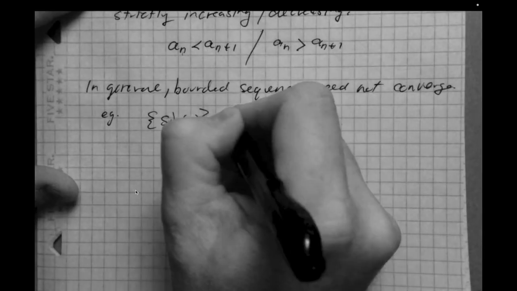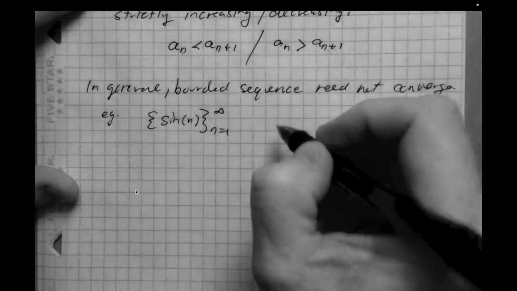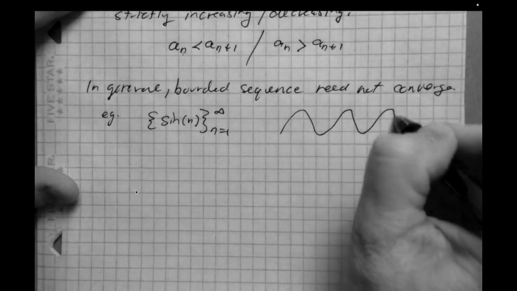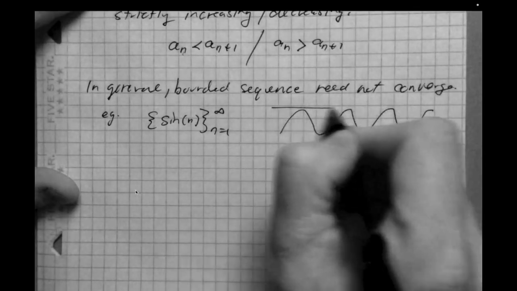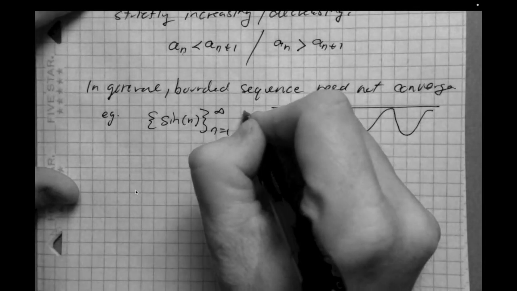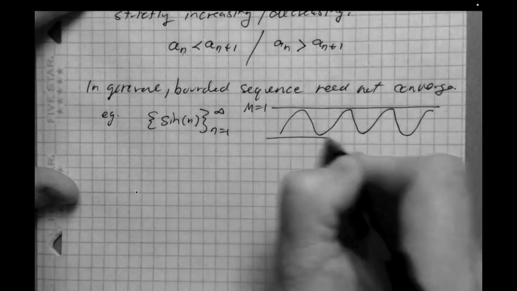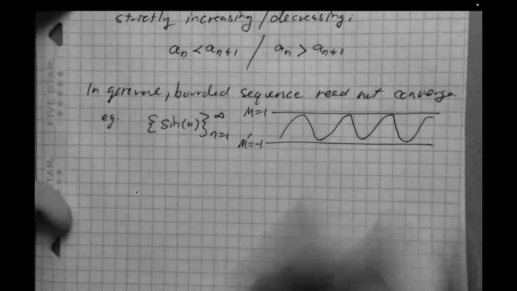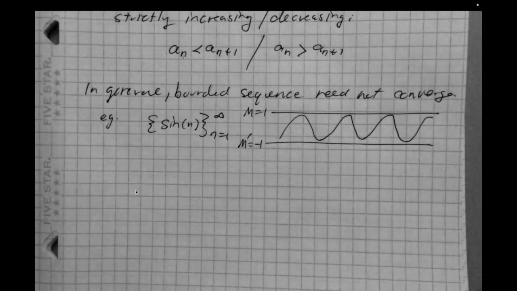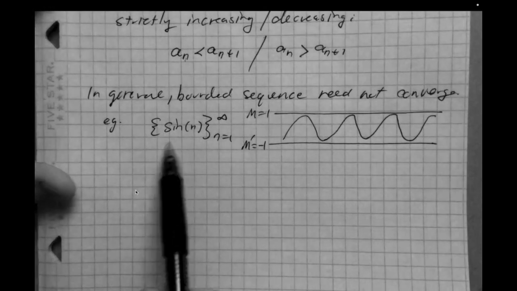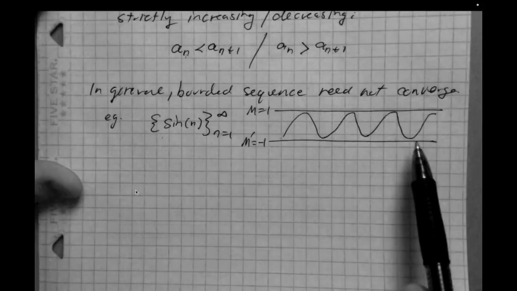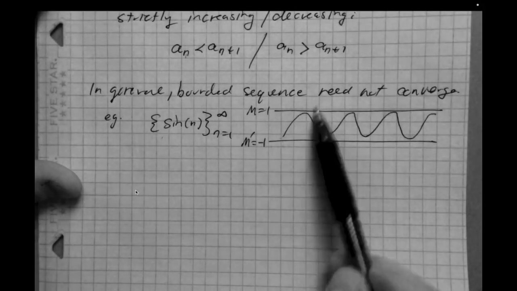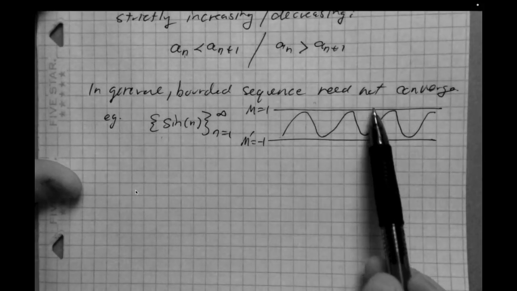Even if you use natural numbers here, sine of n is going to oscillate. It has an upper bound of 1 and a lower bound of -1, so it's bounded above and below, but it doesn't converge. And obviously, the sine function is not a monotone sequence. It goes up for a while, down for a while, up for a while, down for a while.